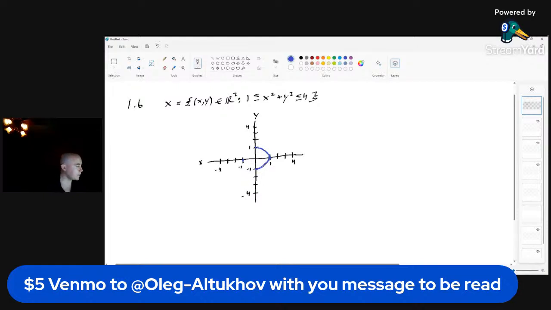I know it's a terrible looking circle, but take my word for it. It's a circle. It's a unit circle. Stick around for my trig streams. You'll know all about it. All right. Something like that.